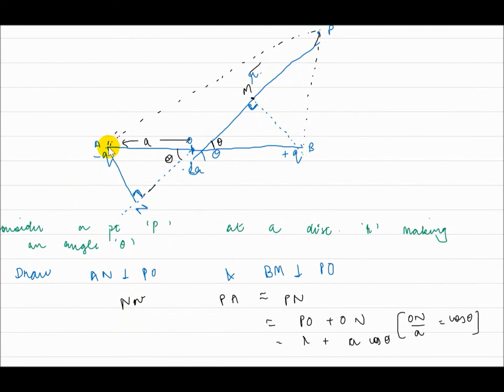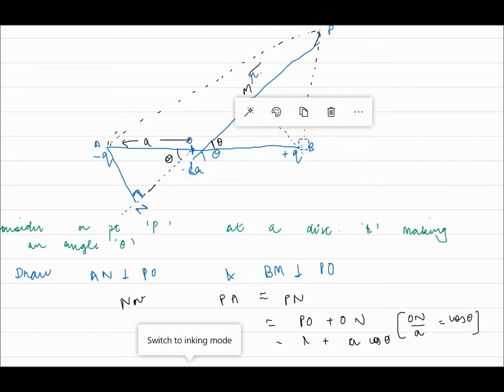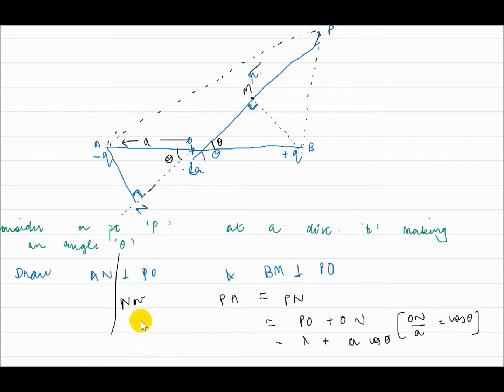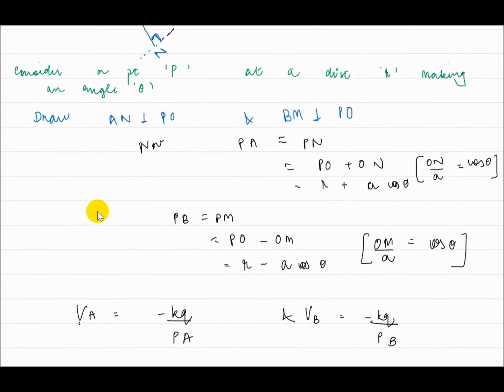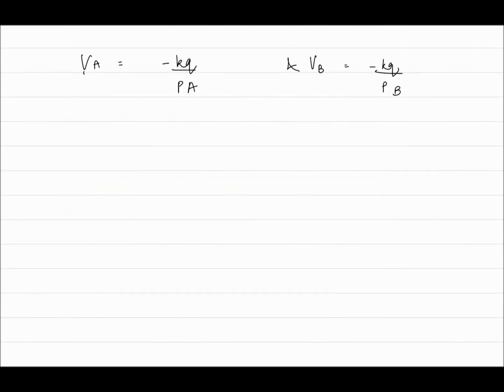PA because it is the distance between minus q and the point P, and PB because it is the distance between plus q and the point P. So VA is minus kq upon r plus a cos theta, and VB is equal to kq upon r minus a cos theta.